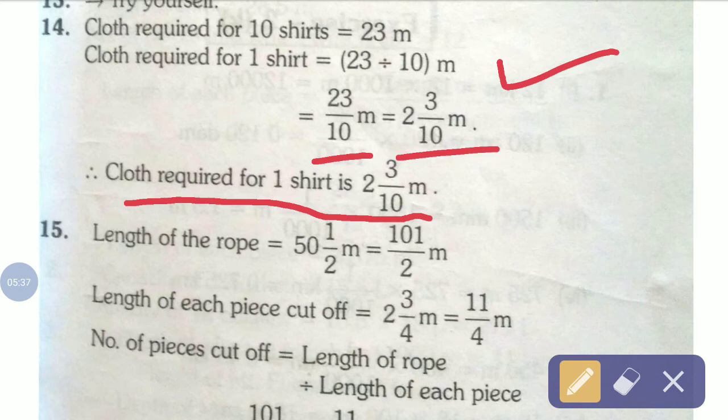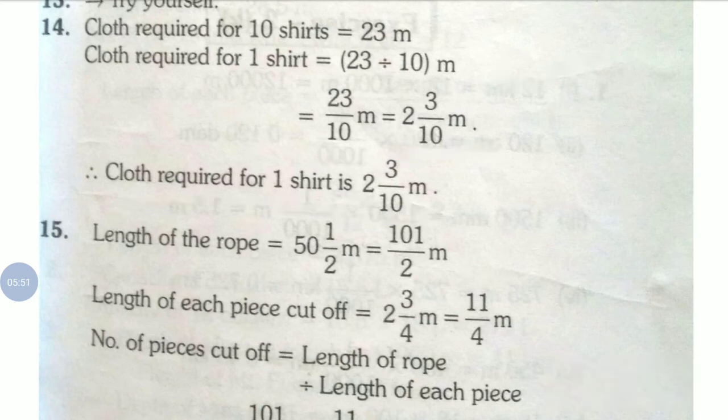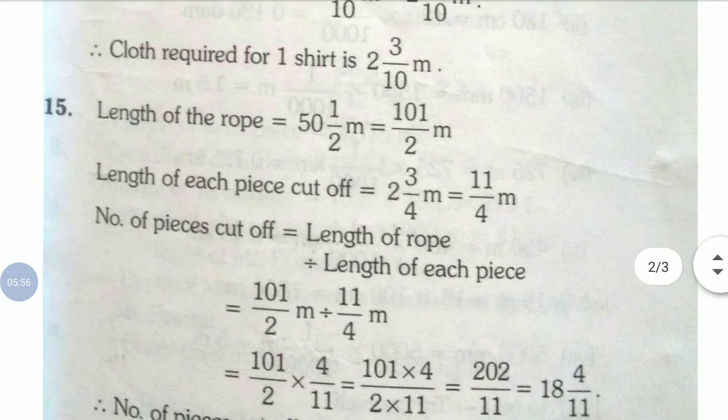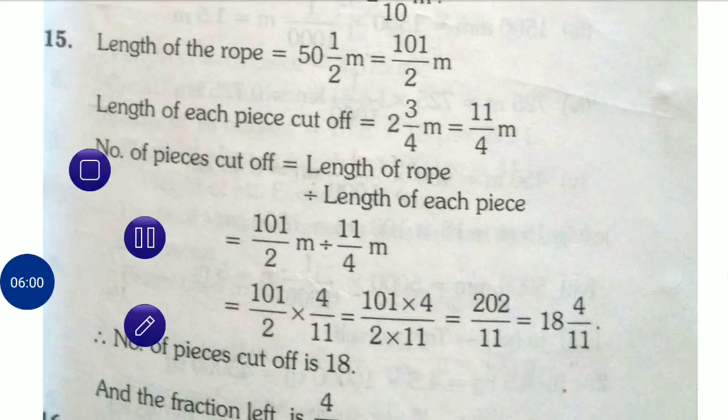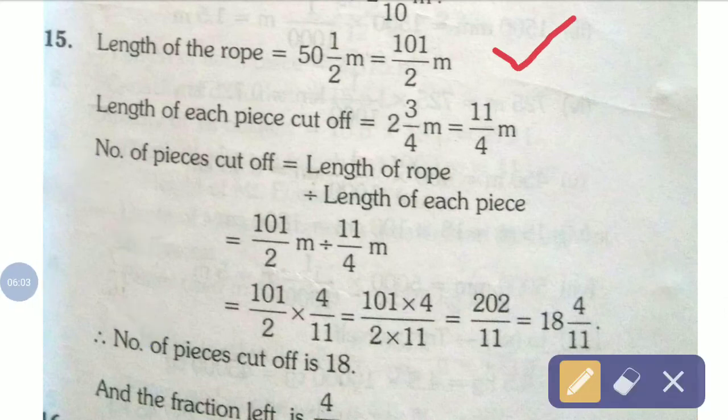Find how many pieces can be cut off and what fraction is left. Length of the rope is equal to 50 whole and half meter. It will be converted into an improper fraction. So you will have 101 upon 2. How will you get that? 50 multiplied by 2 plus 1. That will be 101 upon 2.